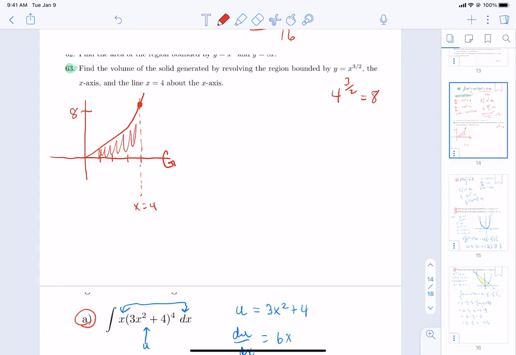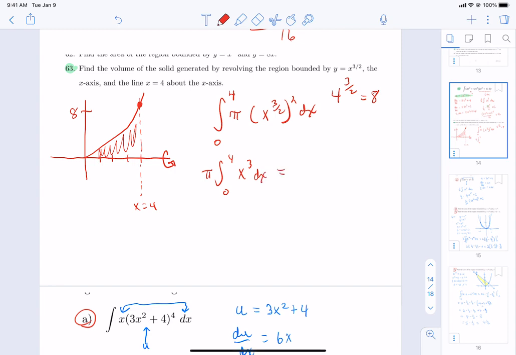Now, it's in terms of x's, so that's really good. Remember, it is going to be pi times your outer radius squared. So we're going to integrate from 0 to 4, pi times our outer radius, which our only radius is that x to the 3 halves squared. Now, you can square that. That is going to be x cubed.